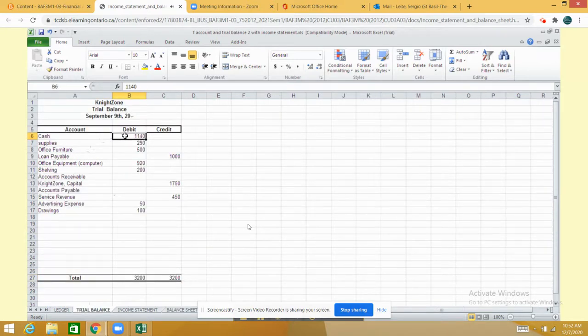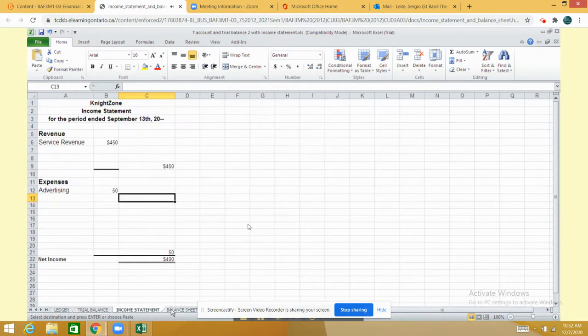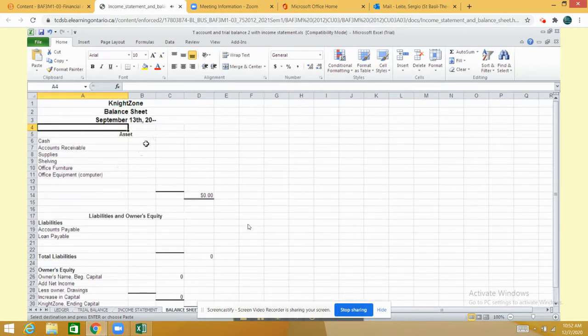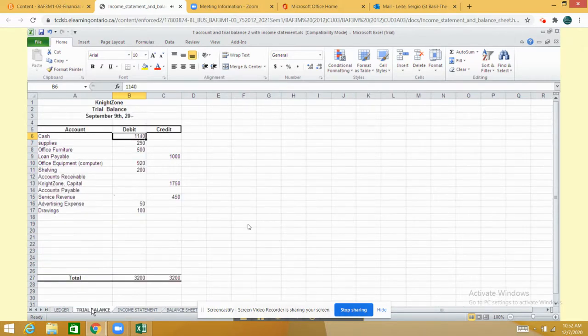We've got $1,140 for cash. And we'll look at accounts receivable. So we need to go back to the trial balance to get all of these totals. Accounts receivable is at 0. We have supplies $290.